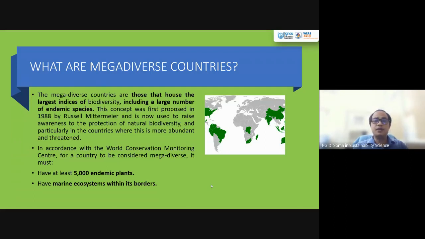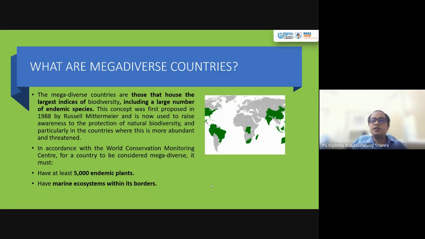This concept was proposed by Russell Mittermeier, and is now used to raise awareness for the protection of natural biodiversity, particularly in the countries where it is more abundant and threatened.